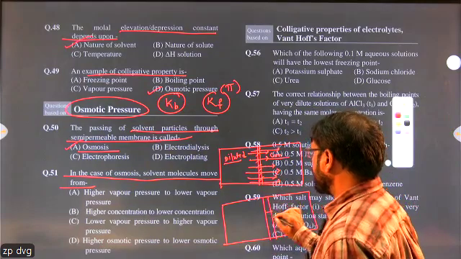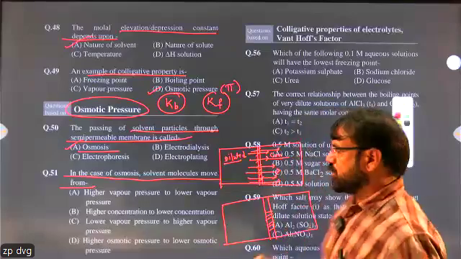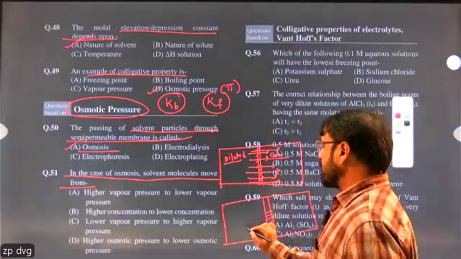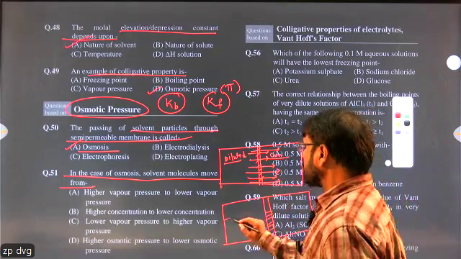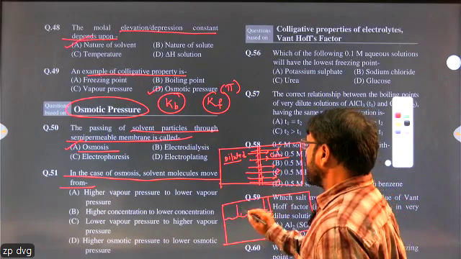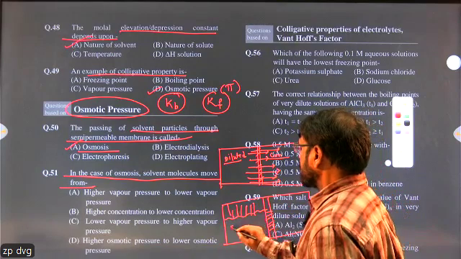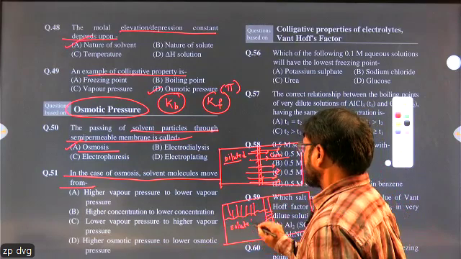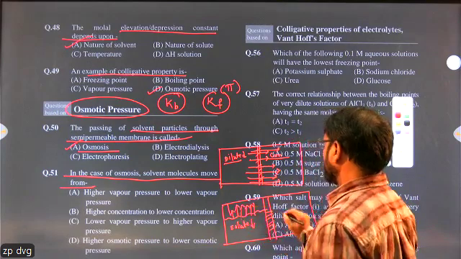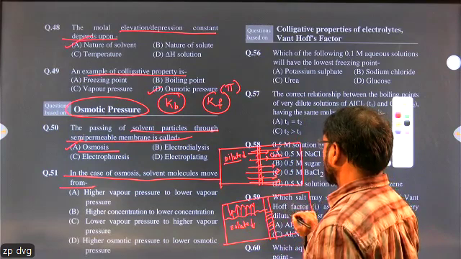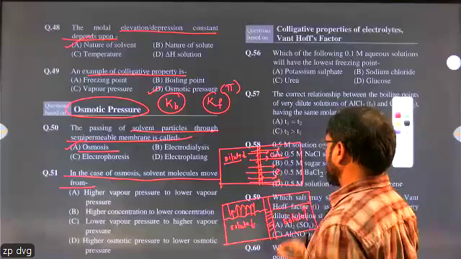Here, a diluted solution contains less solute, while the concentrated solution has more solute. Solute is less, therefore vapor pressure is high. In a concentrated solution, solute quantity is more, therefore vapor pressure is less.